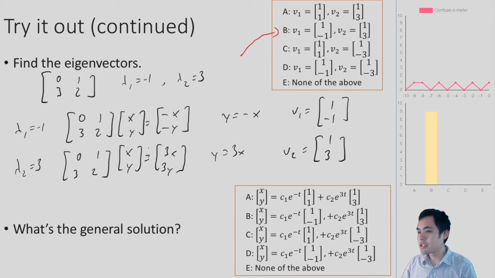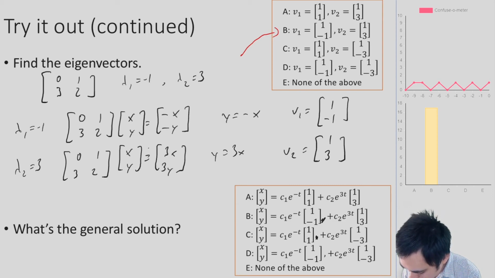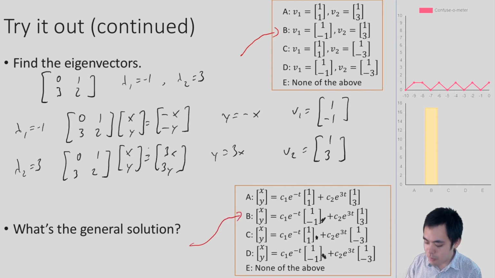Okay, so once you have the eigendecomposition, it is relatively easy. Oh, I have an extra comma there, which really shouldn't be there. I apologize for that. Ignore those commas. But yeah, so the answer here is indeed B, because you have the eigenvectors and eigenvalues, and this is just the general solution.